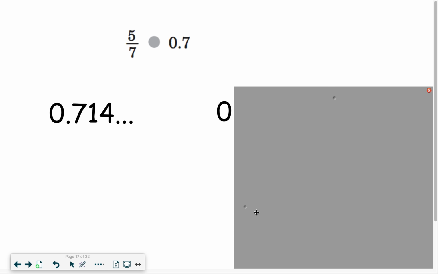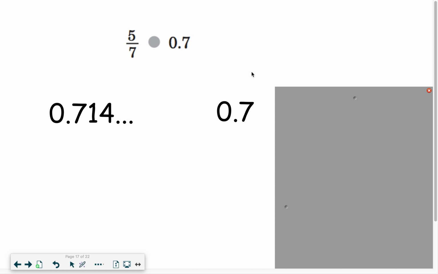I'm only going to concern myself with the first 3 digits for right now. My second number is 0.7. That one is no different. So I line up my decimals and ask which one's bigger. I cover up the others, and they're both 0.7.